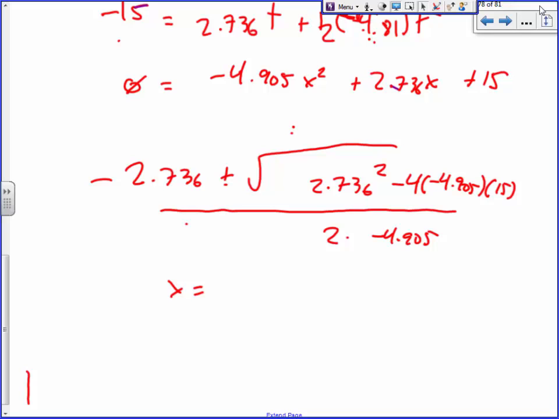I got 2.04, 2.0497, something like that. 2.04976, this is what I got. Some of you are getting that.